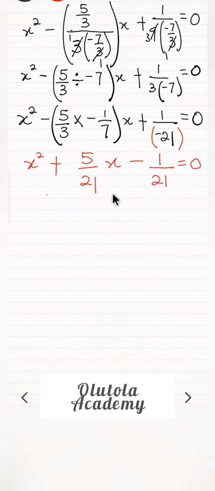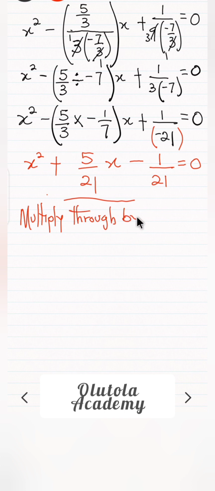Yes, this is the equation, but I can simplify it further by multiplying through by 21, because both denominators here are 21. So I will have 21x squared.